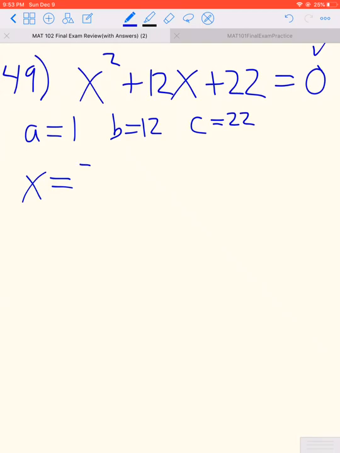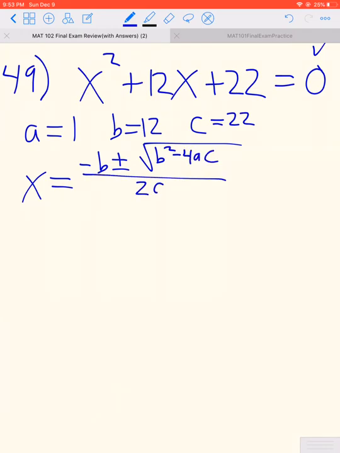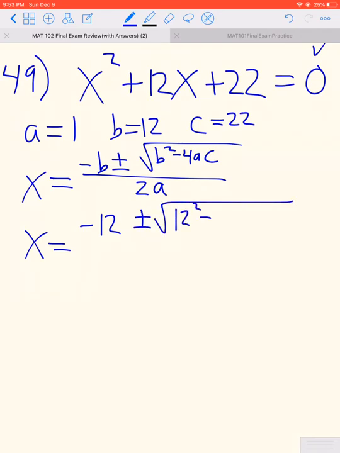The formula is negative b plus or minus the square root of b squared minus 4ac, all divided by 2a. Let's go ahead and take our time and plug everything in nicely. It's going to be negative 12 plus or minus the square root of 12 squared minus 4 times a times c, all divided by 2 times a.